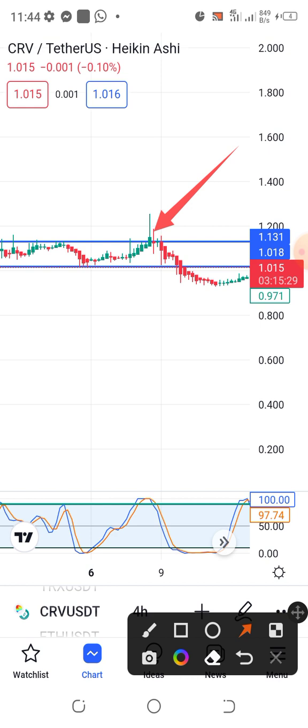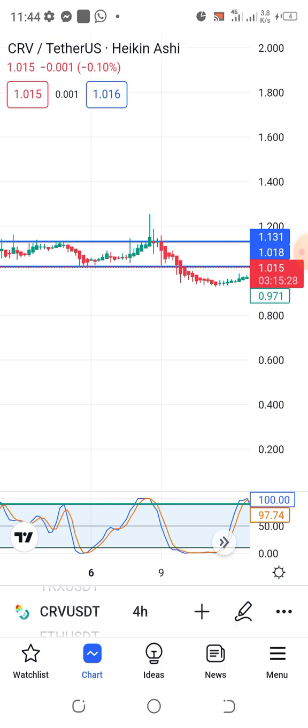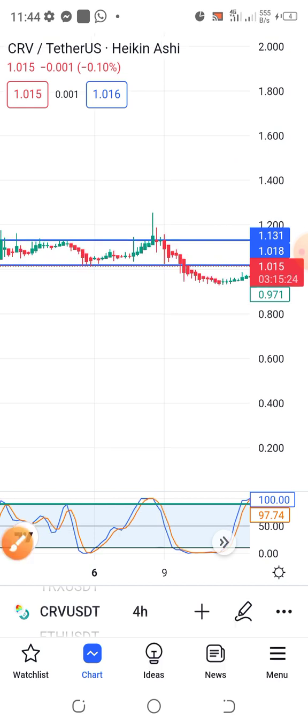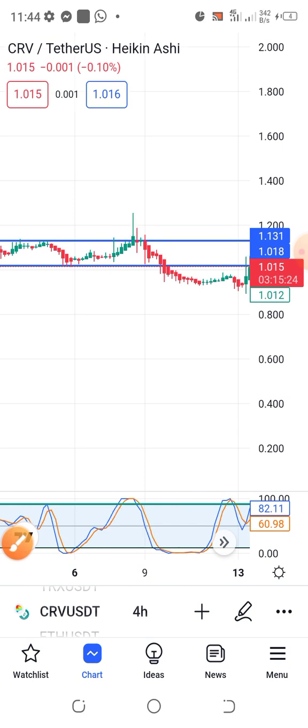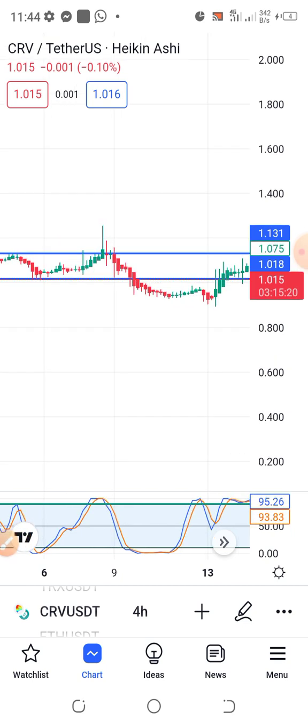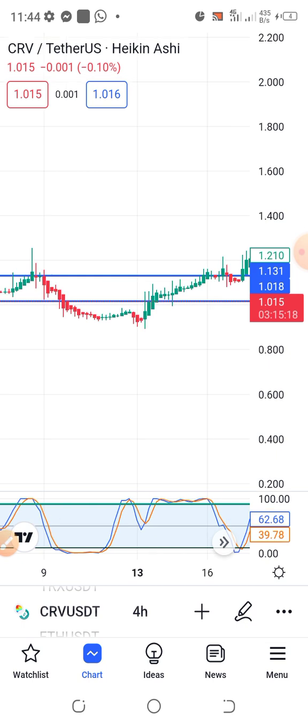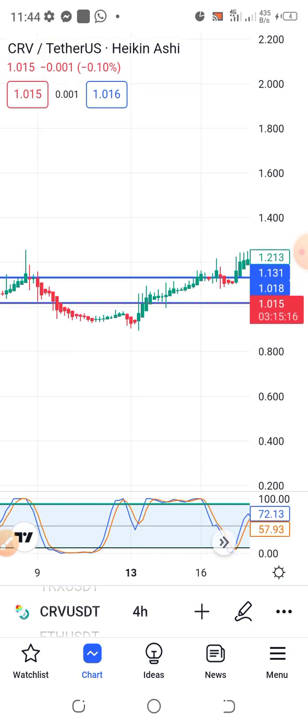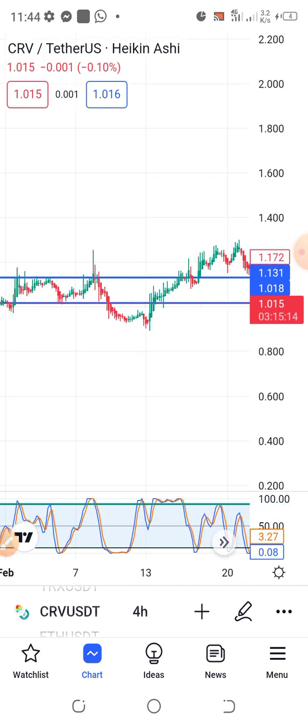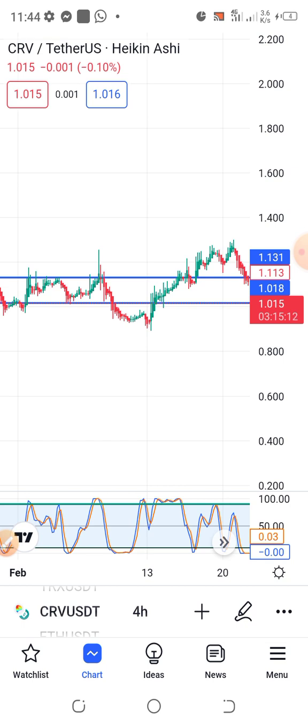So when you entered here, you consider the previous take profit, and I see the entry was here. Yes, the market retraced a little bit, but if this was your entry, still you could come there.